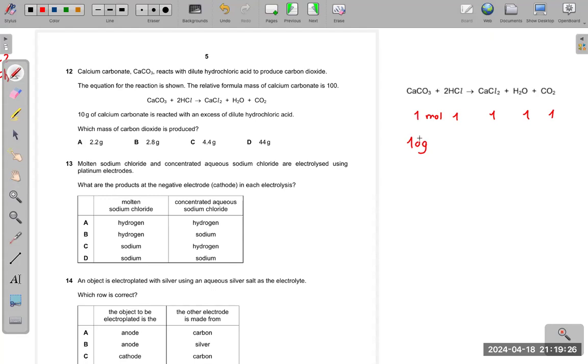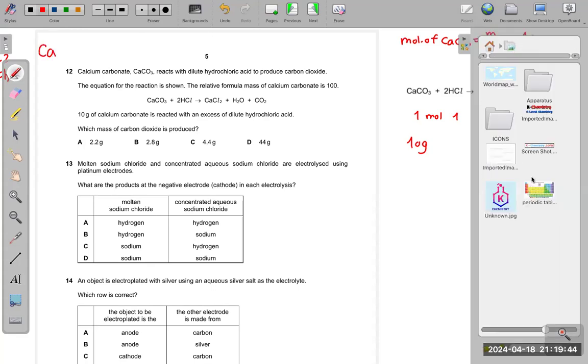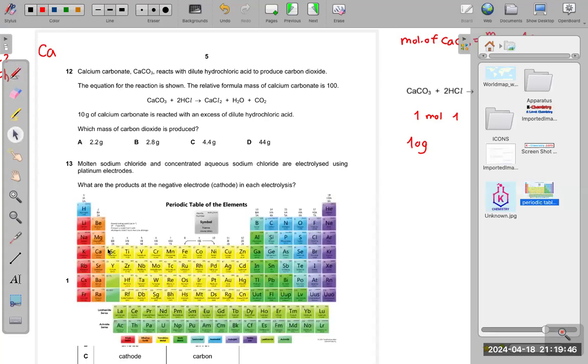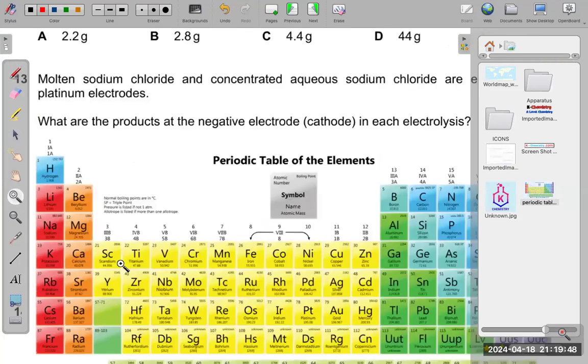I can change the 10 grams into moles of calcium carbonate. Moles of calcium carbonate is equal to mass over molar mass. What is the mass? 10. And what is the molar mass of calcium carbonate? From the periodic table, I can see the calcium is almost 40.